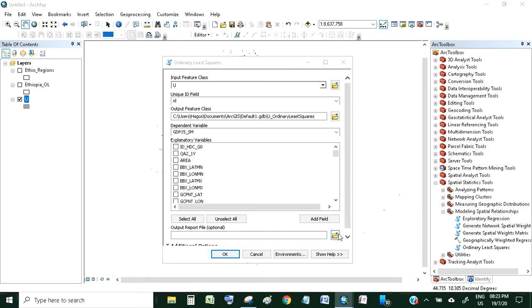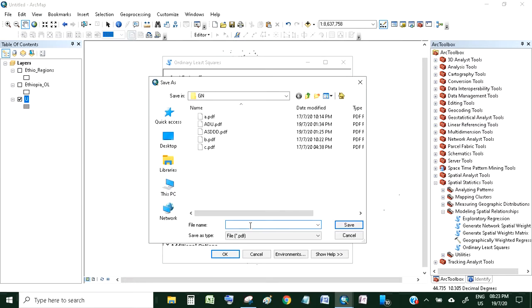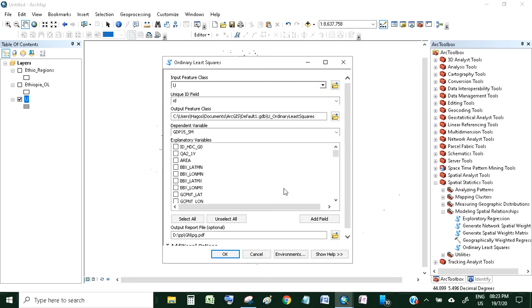I want the report because this report will help me to understand. Okay, let's take the PDF, save it, and this report will help me to know about this model, whether I should accept it or not. So let's do it.